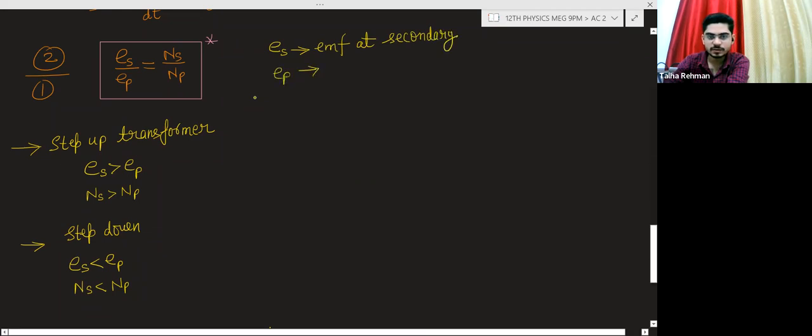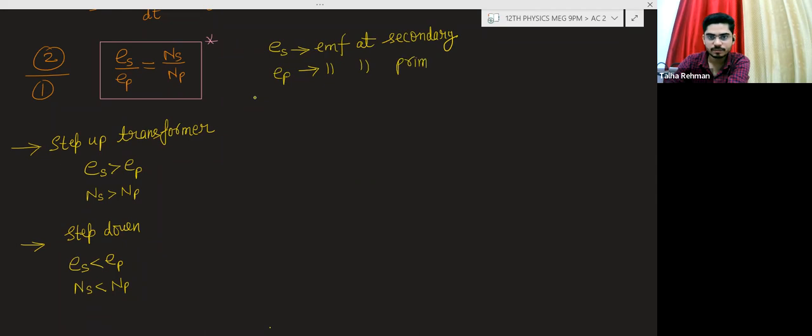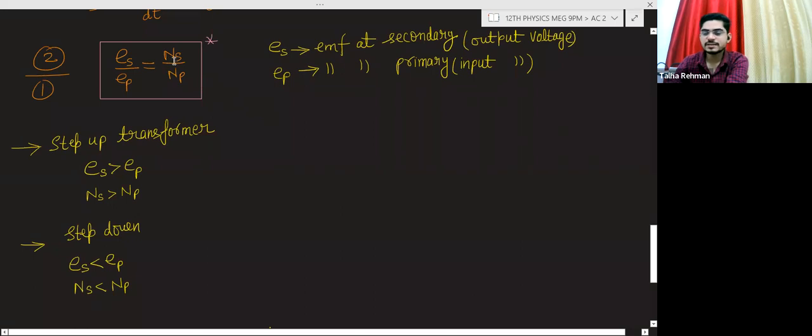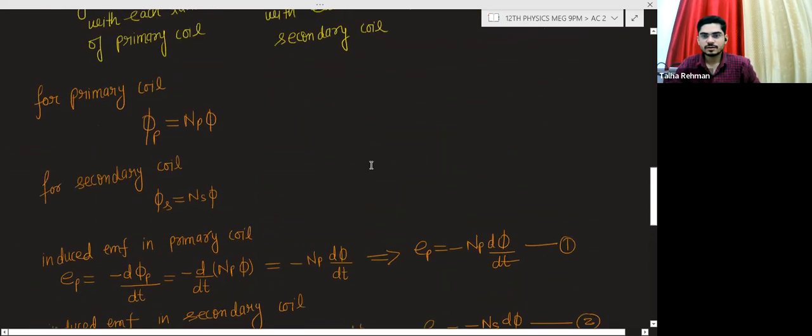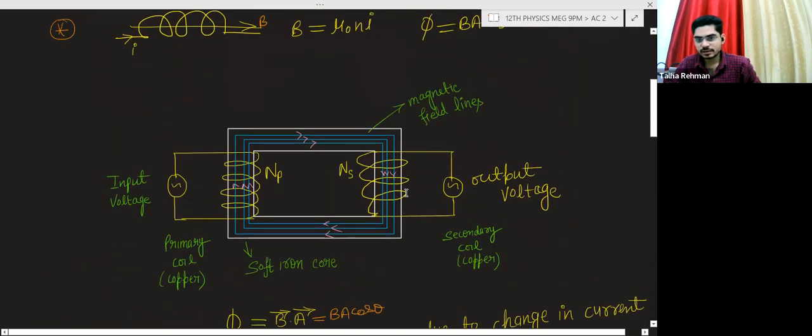EP, EMF at primary. In other words, you can say this is the output voltage, and this is the input voltage. NS, number of turns for secondary coil. NP, number of turns for the primary coil. This is the secondary coil having turns. This is the primary coil having turns.